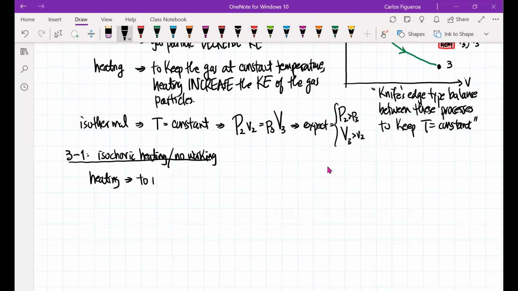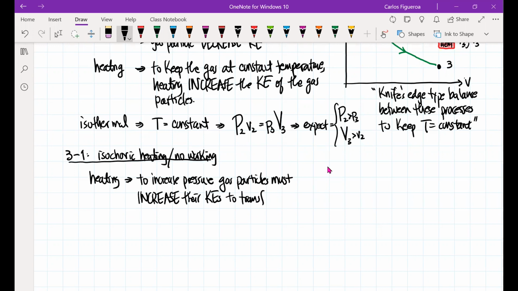So to increase pressure, gas particles must increase their kinetic energies to transfer more energy to the walls of the piston, right?